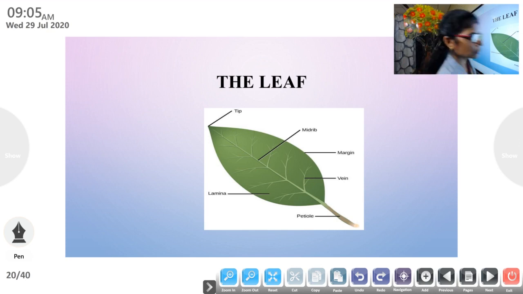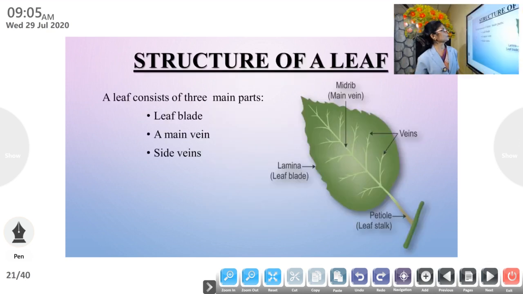Here look, structure of a leaf. The leaf consists of three main parts. First one is leaf blade. Second one is main vein.